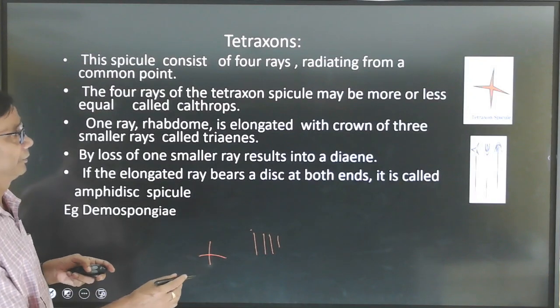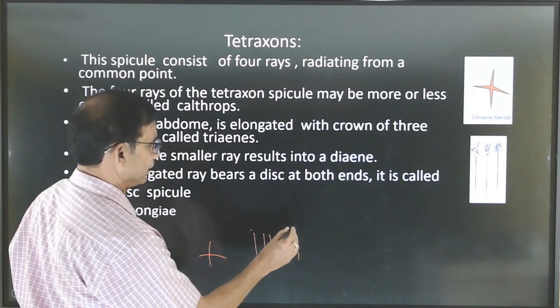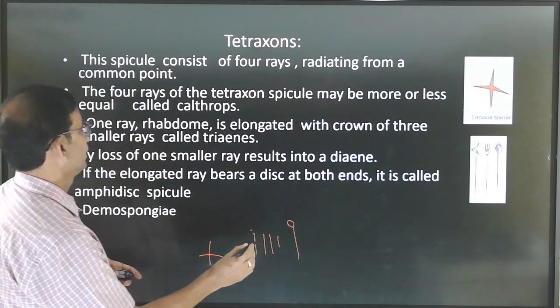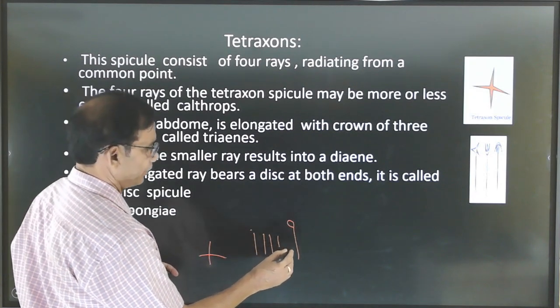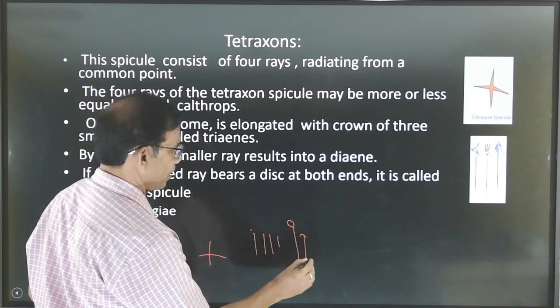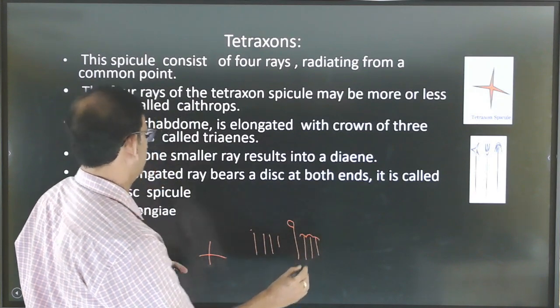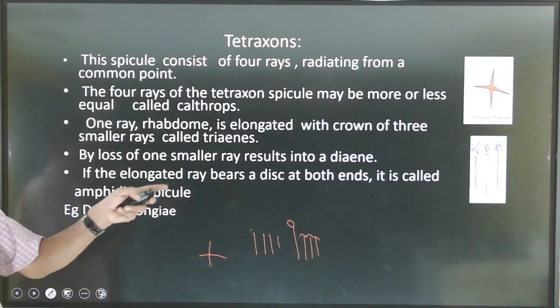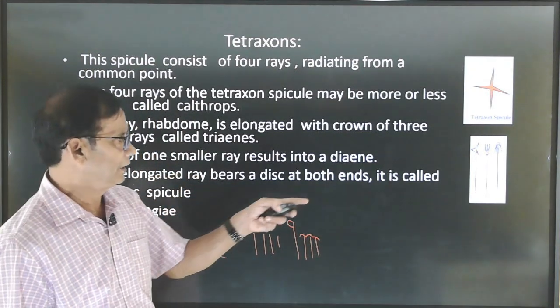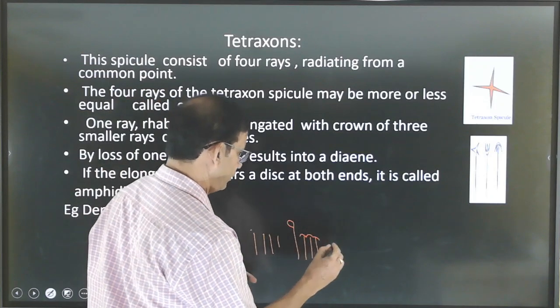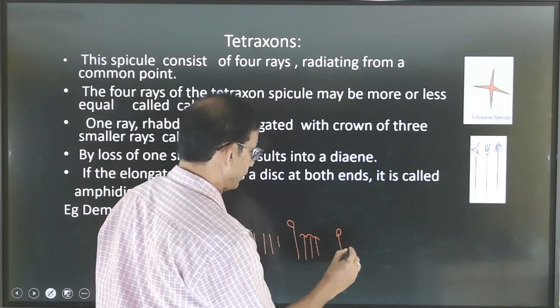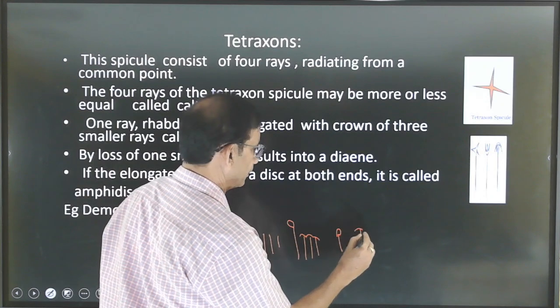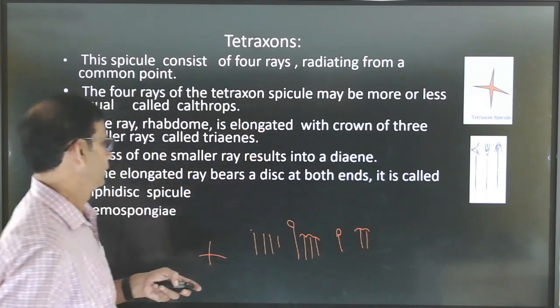When one is elongated, it is called rhabdome, and the other 3 which are crowned are called triaene. By loss of a smaller ray, if it is lost, then it is called diaene.